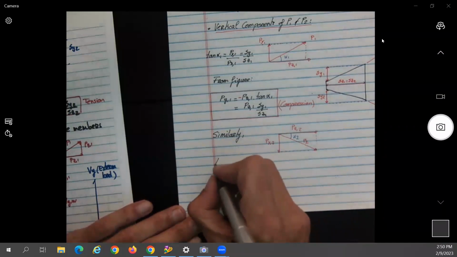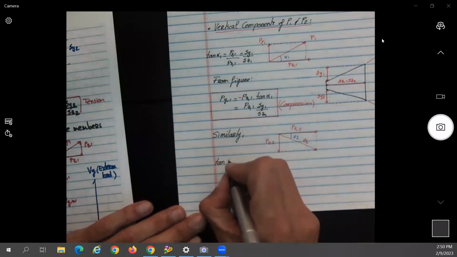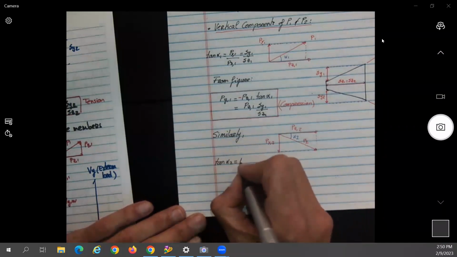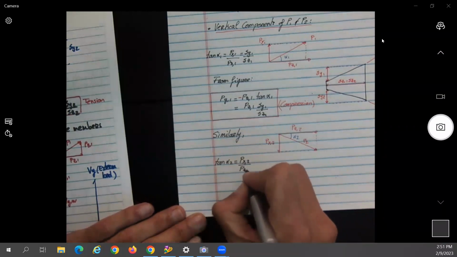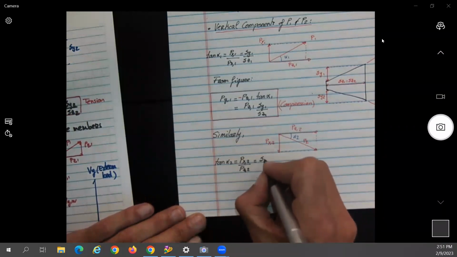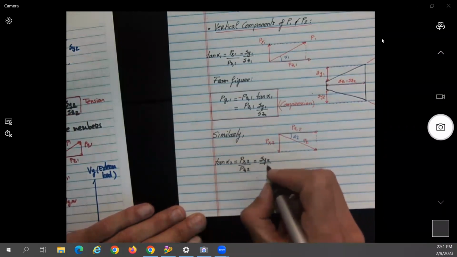Okay, so similarly, we can write tangent alpha 2 equal to PY2 over PZ2 equal to delta Y2 over delta Z2.